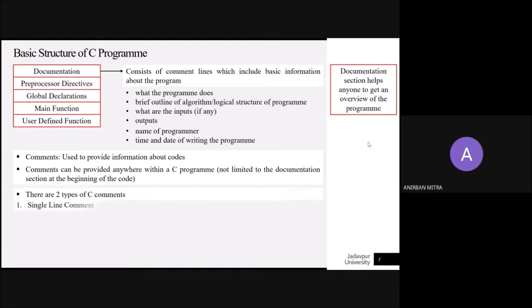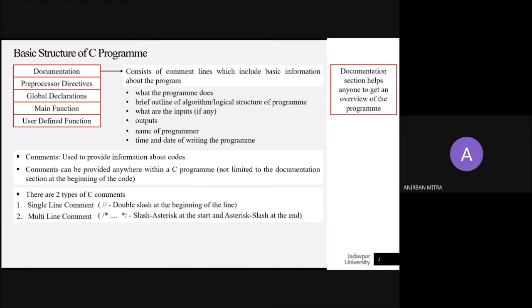Now, there are two types of comments: single line comment and its counterpart, the multi-line comment. A single line comment is provided by a double slash at the beginning of the line. A multi-line comment is provided with a slash asterisk, and at the end there will be an asterisk and slash.